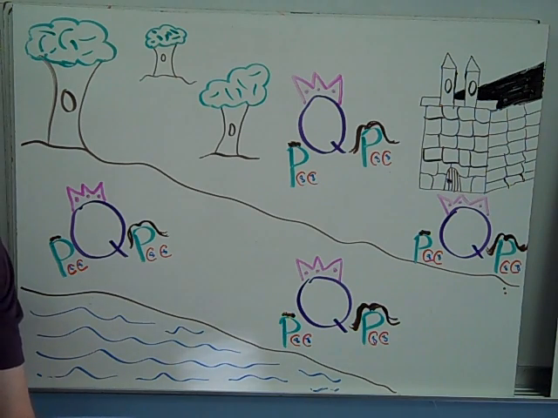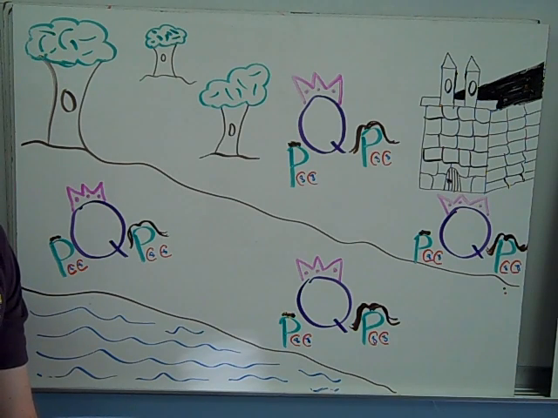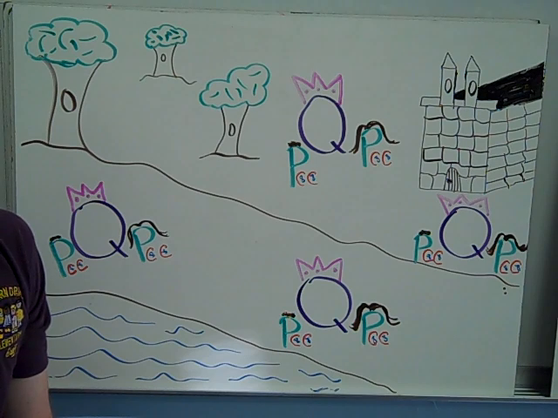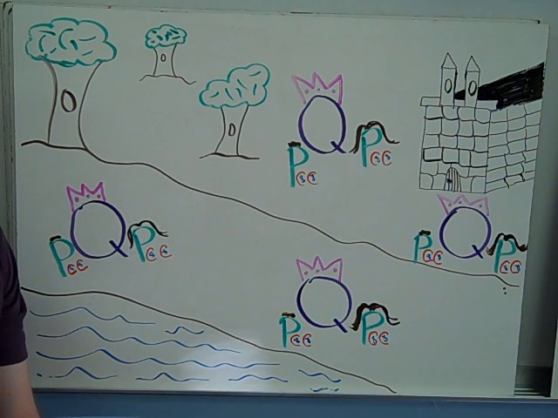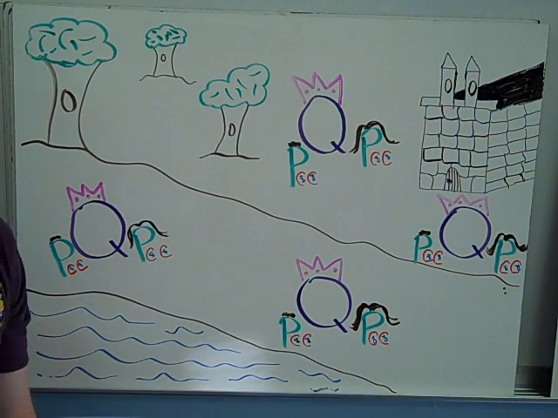Once upon a time, in the land of Gallon, there were 4 giant queens. Each queen had a prince and a princess.